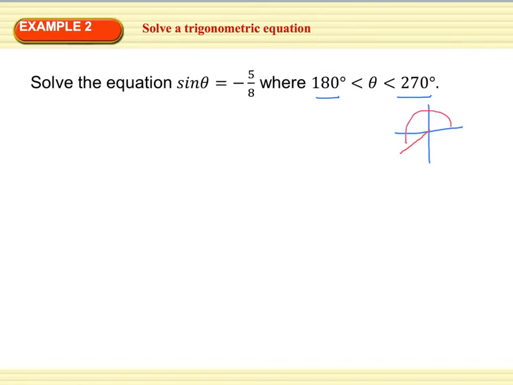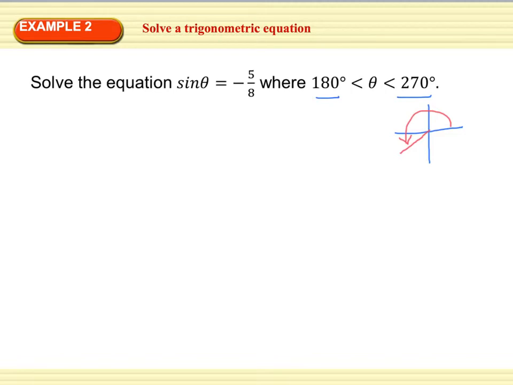So we're really looking for the angle measure, the inverse sine value that will give us a -5/8 that's going to fall in this 180 to 270. And again, 180 to 270 is going to fall right in here.